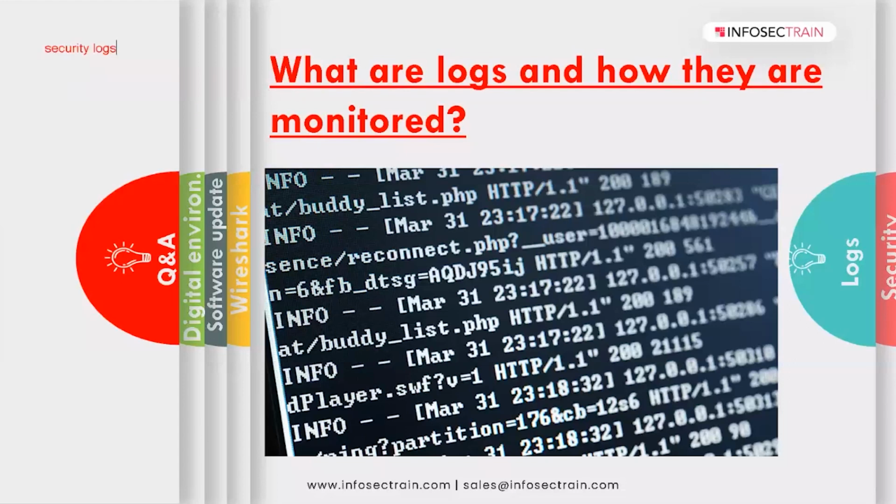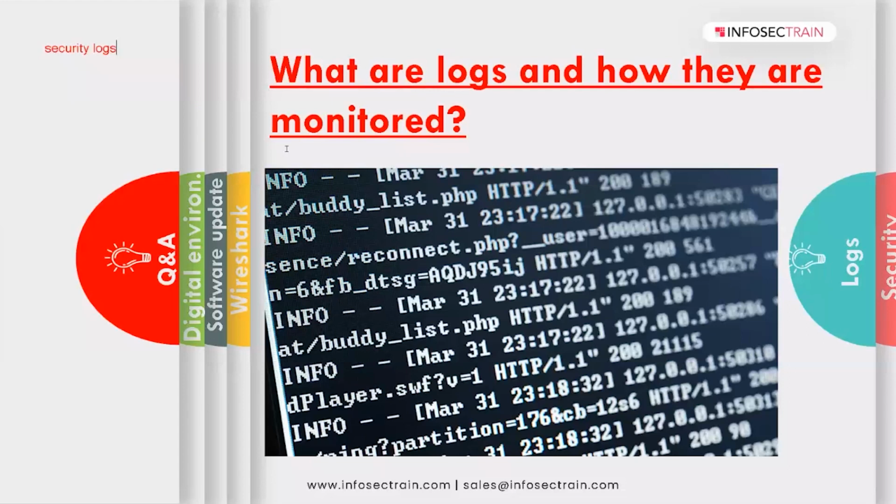Security logs provide us a record of our security-related events, such as successful or failed authentication attempts, changes to access controls, IDS alerts, which are intrusion detection system alerts, and other security-related activities. These logs are very crucial in identifying potential security breaches or unauthorized access.